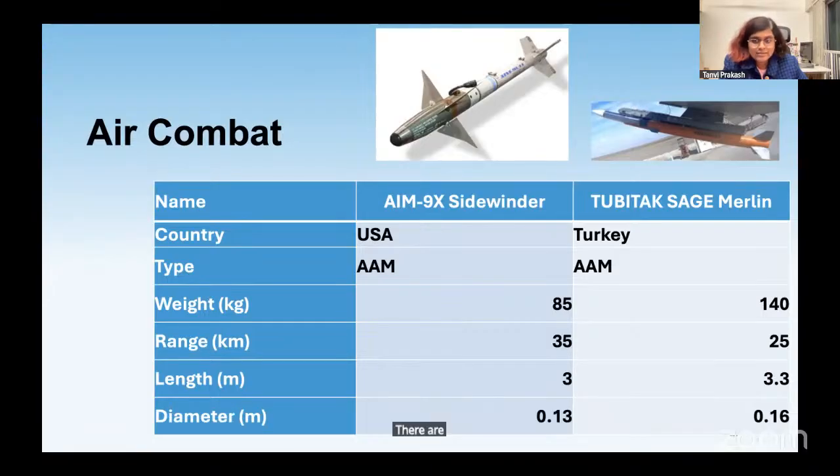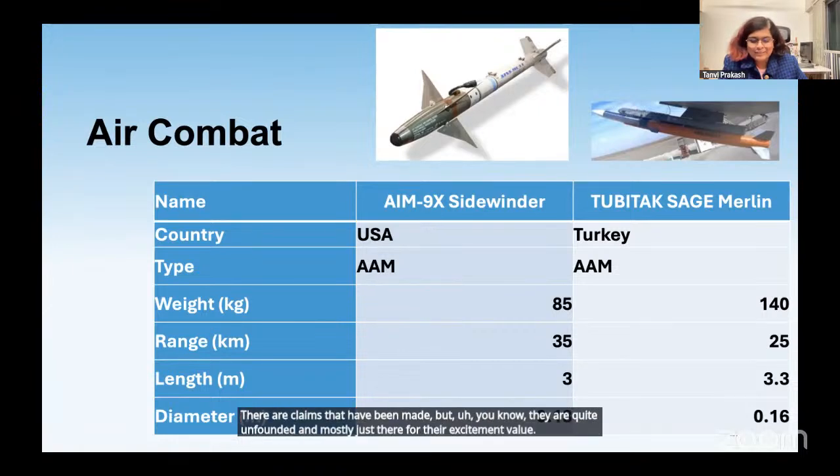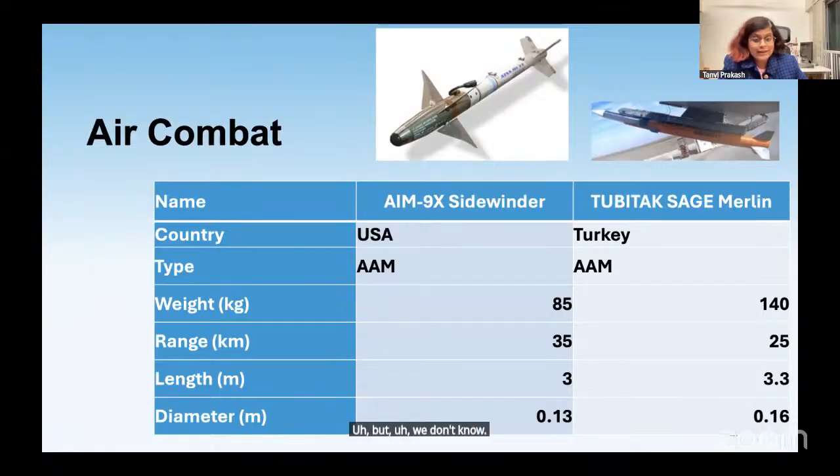There are claims that have been made, but they are quite unfounded and mostly just there for their excitement value. But we don't know, honestly. If there has been, then it's not out in the public domain. But this is something which the future UCAVs would have, it's a feature that they would have.